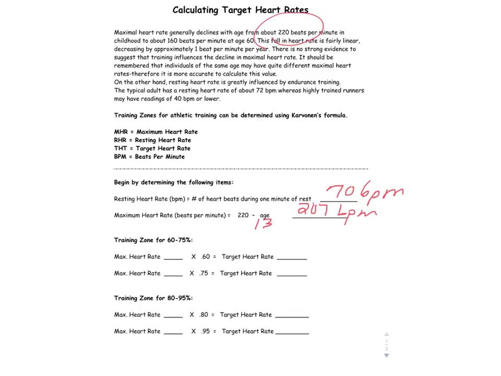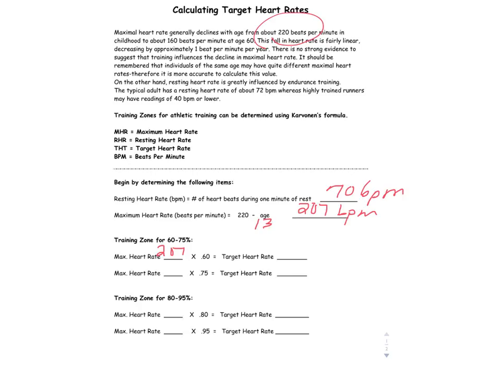I apologize, this pen is very difficult to write with. So 207 beats per minute is 220 minus your age, which we'll use 13 for 8th graders in this lesson. And then you're going to substitute that 207 in here. We're looking for a training zone of 60 to 75% intensity level.